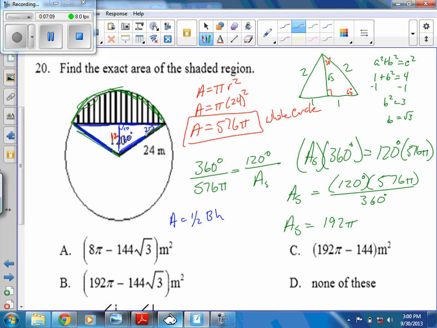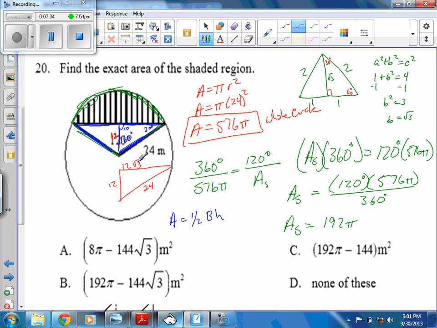And this side right in here is going to be 12 times the square root of 3. Okay? So let's just redraw that right here so that we can see it. 24, 12, 12 times the square root of 3.